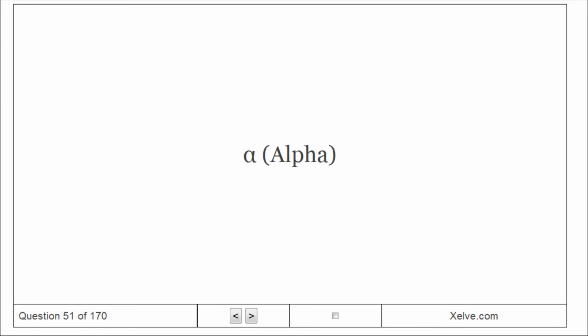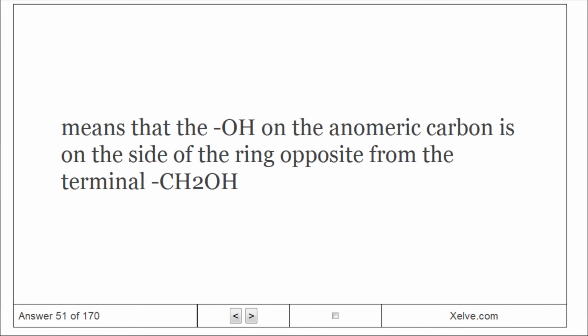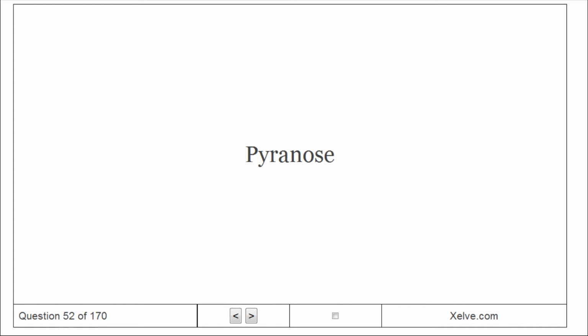Alpha means that the O on the anomeric carbon is on the side of the ring opposite from the terminal CH2O. Pyranose.